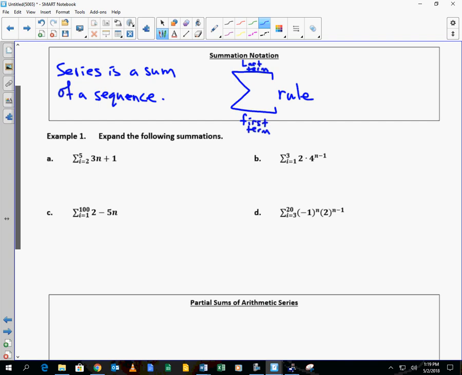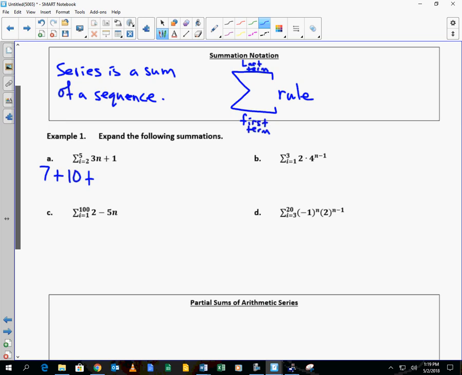So I start with plug. In order to generate the first term, I plug in 2. 3 times 2 plus 1, 7. And then plus because I have a summation sign. After 2, I plug in 3. And 3 times 3 plus 1 is 10. I start by plugging in 2, and I will work until I plug in 5.